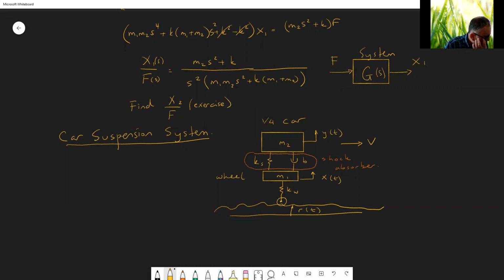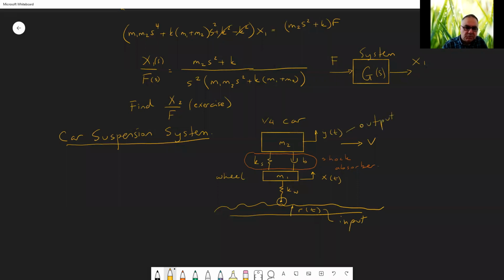The suspension system is about the vertical motions. So this is the input, and usually this is the output.